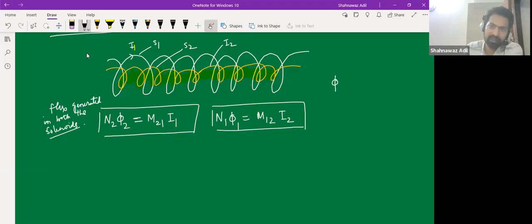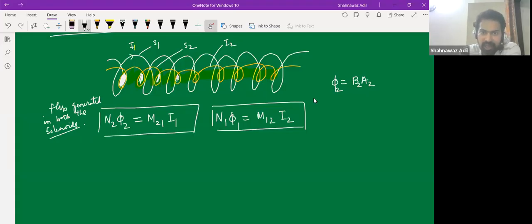Yes, sir. Okay. So flux is how much? That is B and A, right? Let's say the area of this solenoid is A, the same area. So this is A, and this is phi 2.